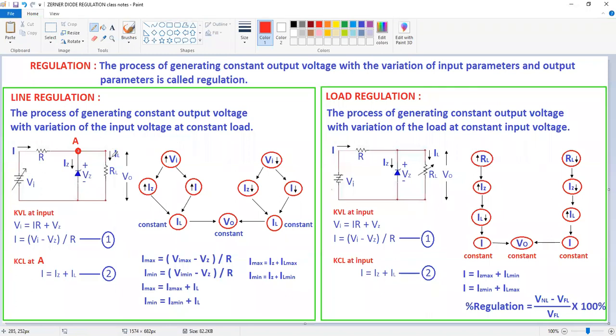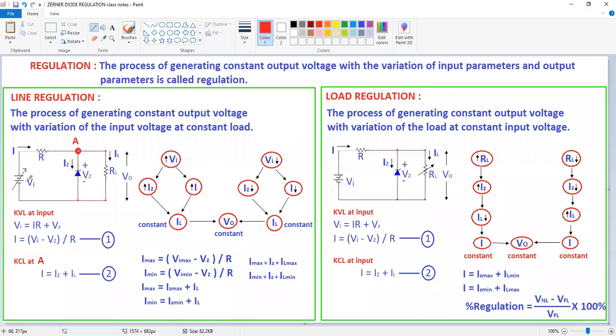Similarly, IL is also going away from the node. KCL states that the algebraic sum of the currents entering a node is equal to the algebraic sum of the currents going away from the same node. That means I is equal to IZ plus IL. I have written these two equations, equation 1 and equation 2, by applying KVL as well as KCL.